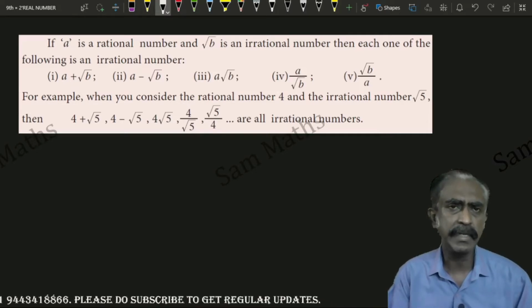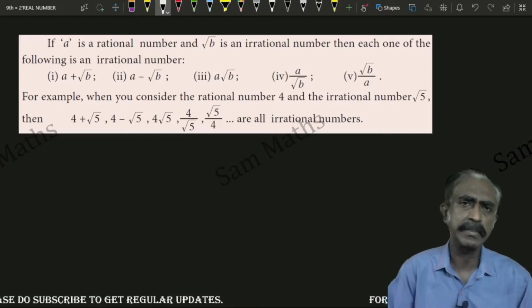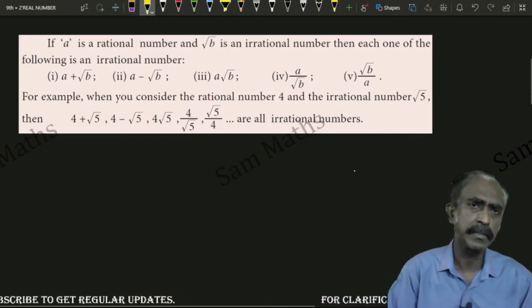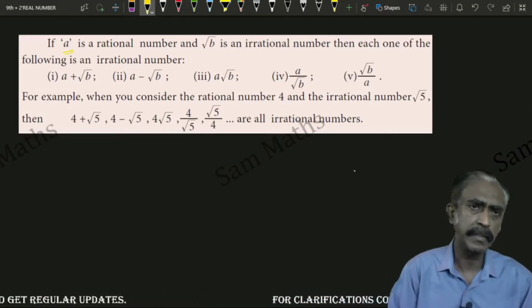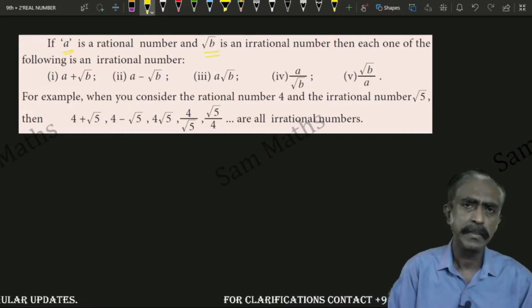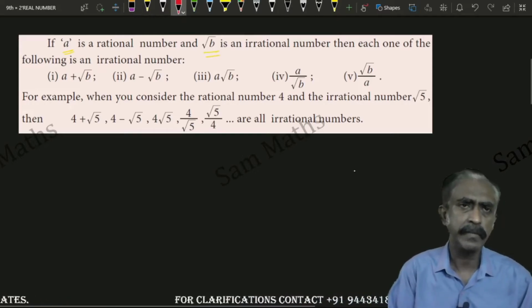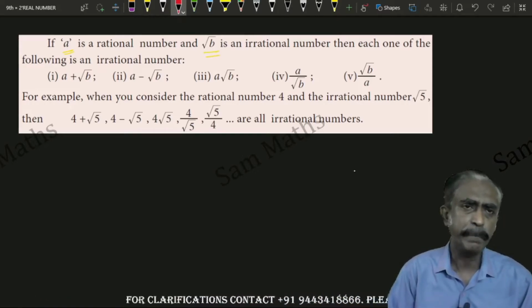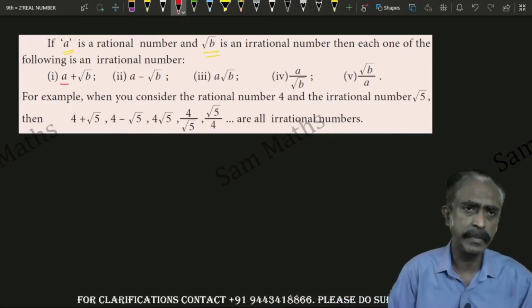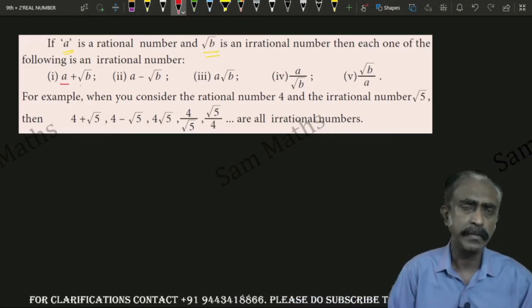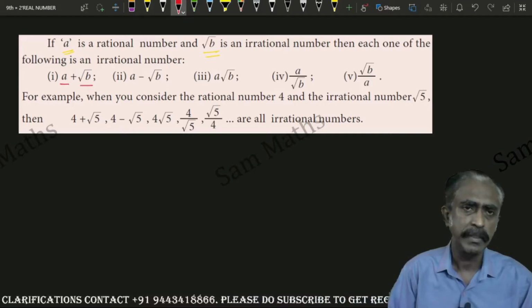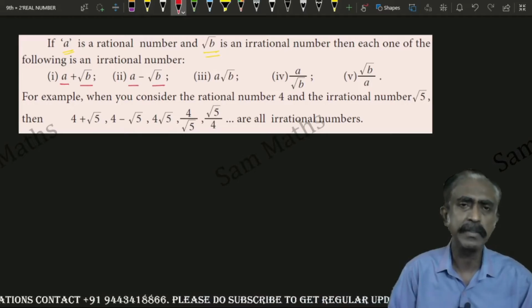If A is a rational number, B is an irrational number. Okay, children? A is rational, B is irrational. So now we are taking A plus root B, that is one rational number, another one is irrational. We are adding both. After that we are subtracting both.